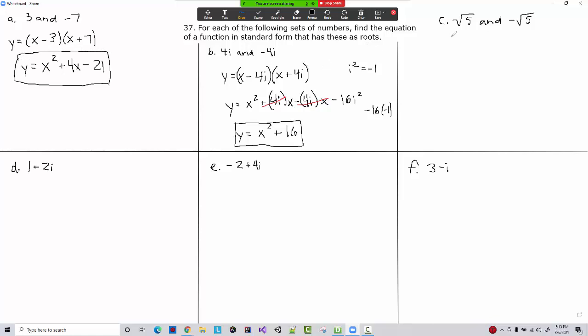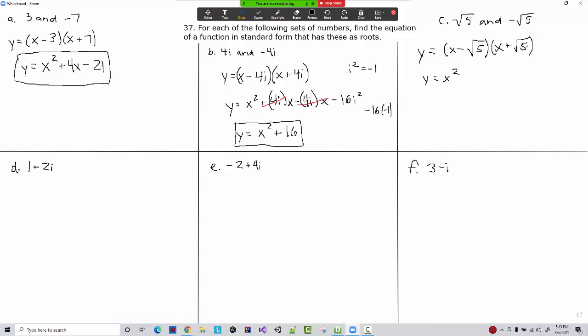Okay. So we'll do the same thing for letter C. So y equals, this will be x minus root 5 times x plus root 5. So now it's just a matter of distributing everything through. So y equals x times x is x squared.